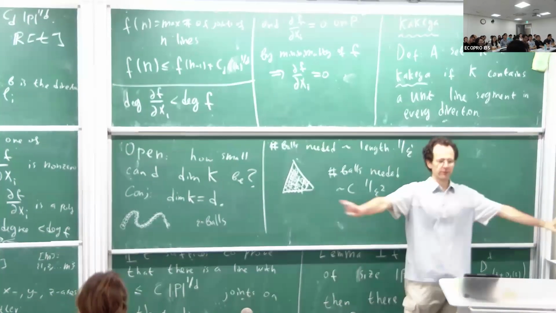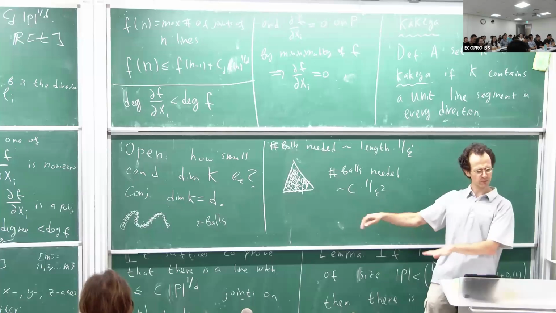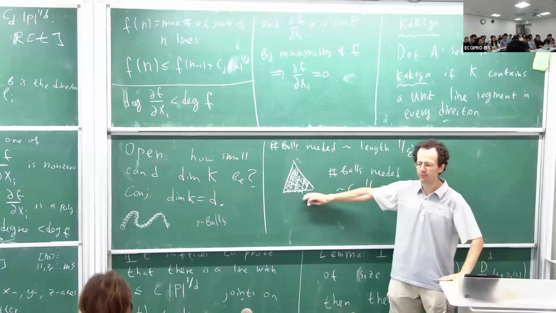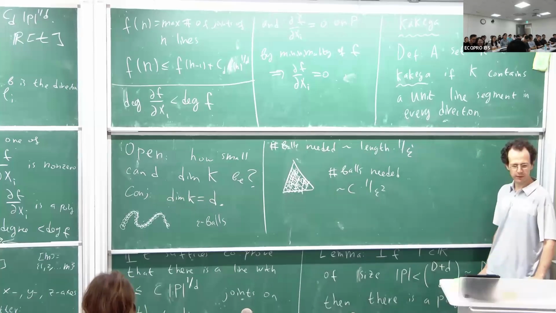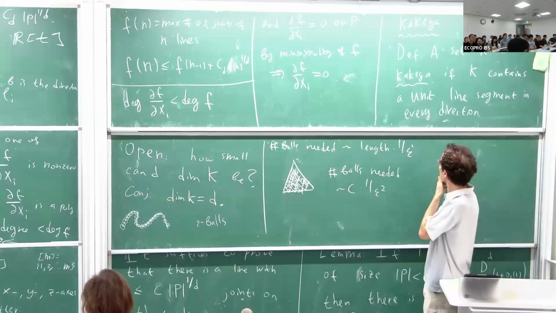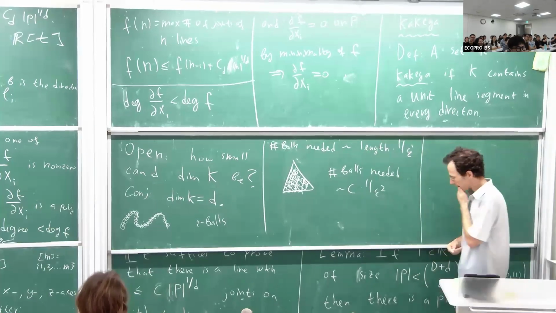It's a separate subject. I don't want to delve into it right now. But the rough idea is basically this. All right. So this is open, and we are not going to solve it today.